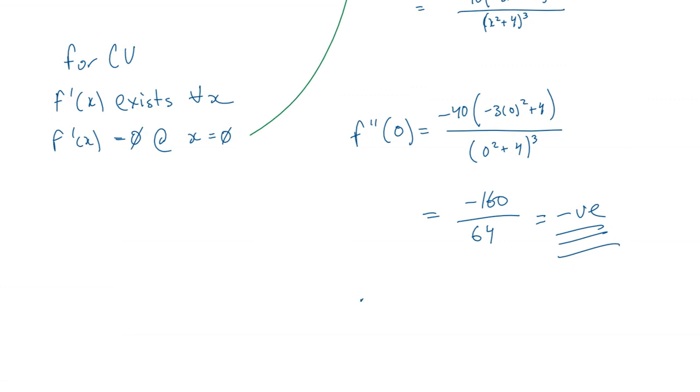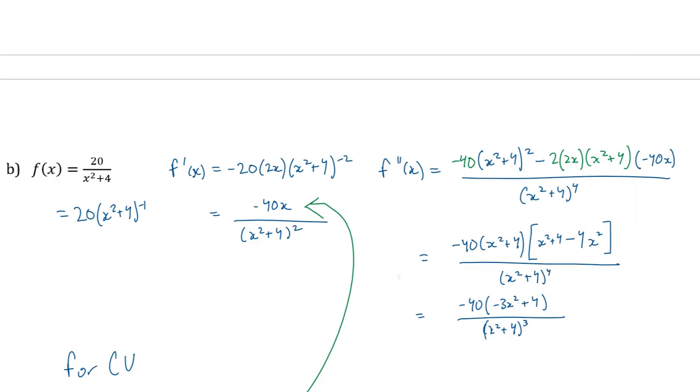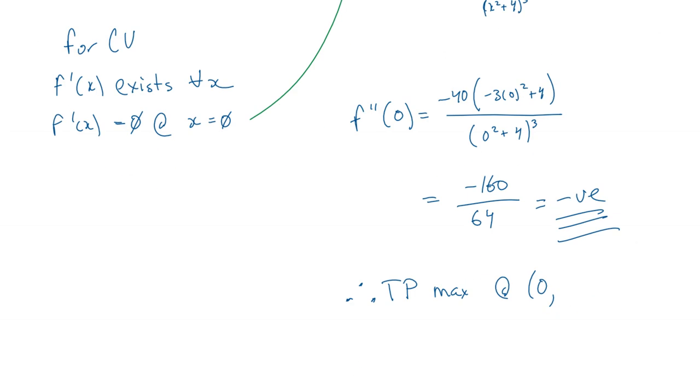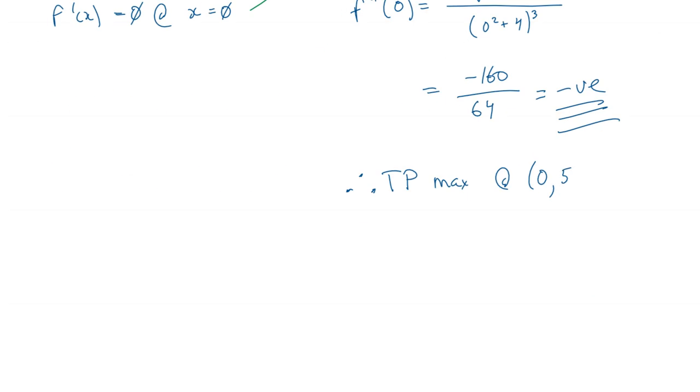Therefore, second derivative is negative, so it's concave down. So it's got a turning point, max at 0. Subbing 0 into the original function, the first function that we had there, looks like 20 over 4, which is 5.